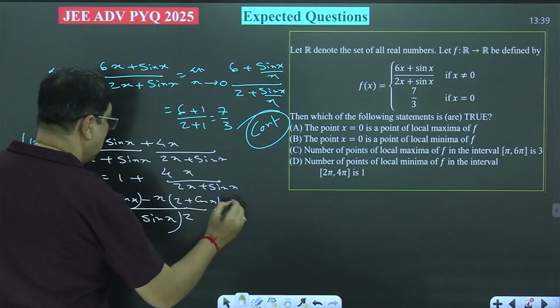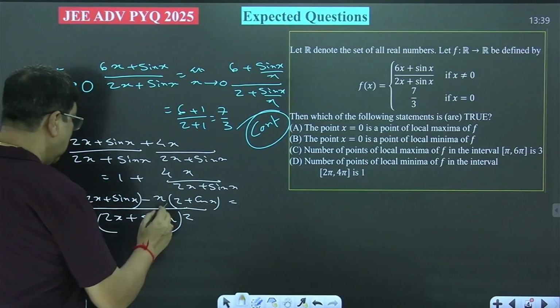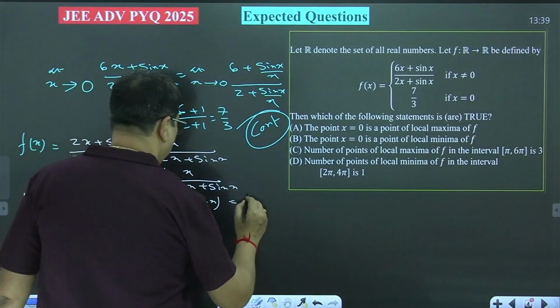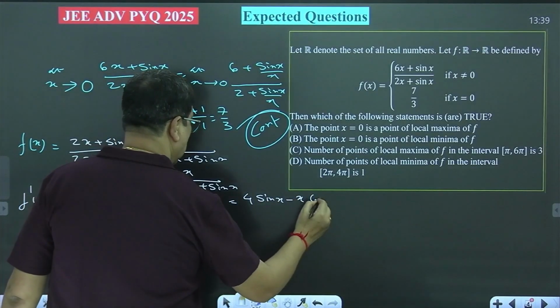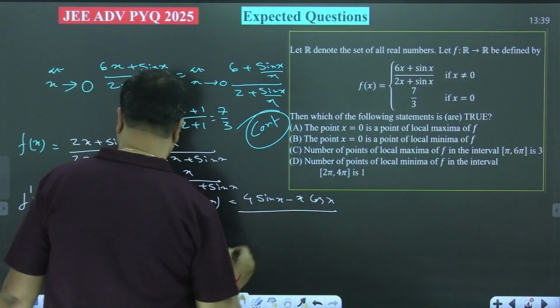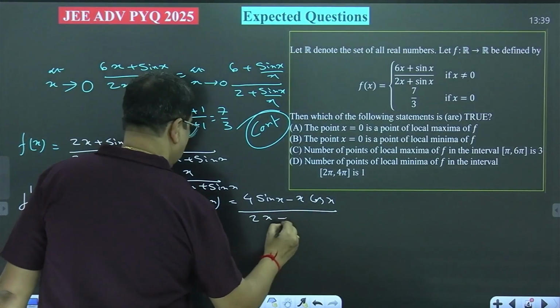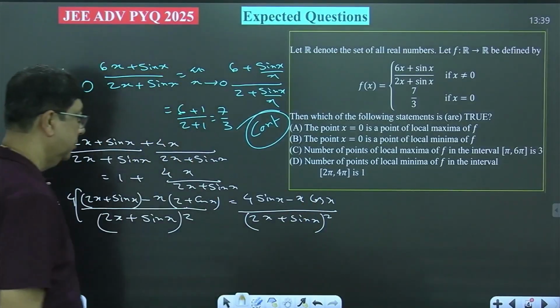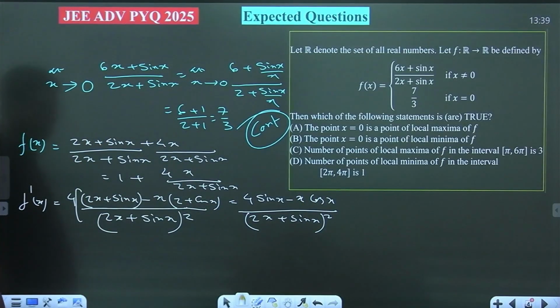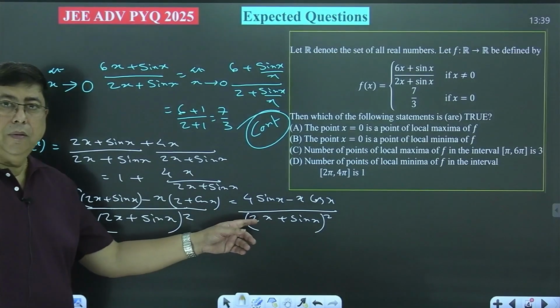If we calculate, 2x gets cancelled, and we get 4 (sin x minus x cos x) divided by (2x plus sin x) whole square.